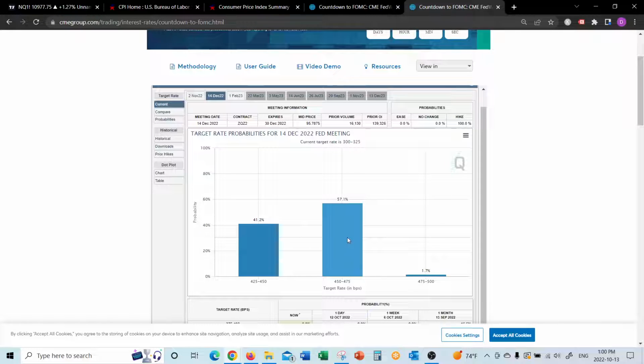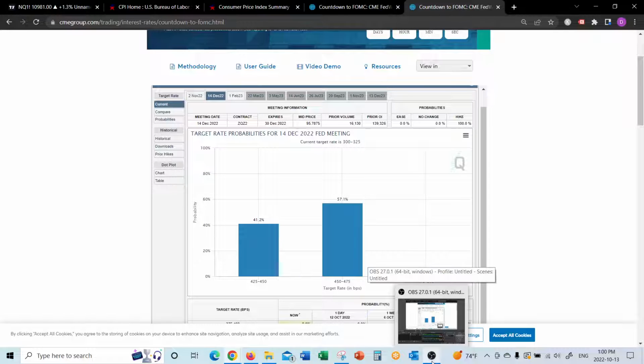So pretty crazy that we're doing hardcore 75, 75, 75. Initially we started with thinking that we would do a 50 in November and maybe 25 in December. But now we're talking about 75 in November and possibly even another 75 rather than a 50 in December, right? So this is all adding to more of that pain.